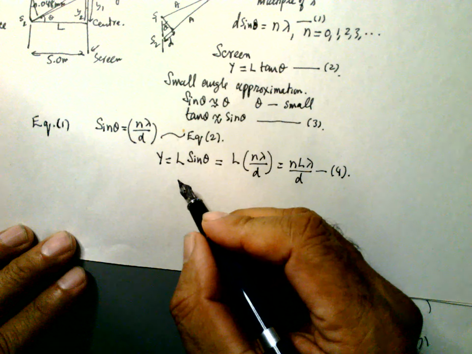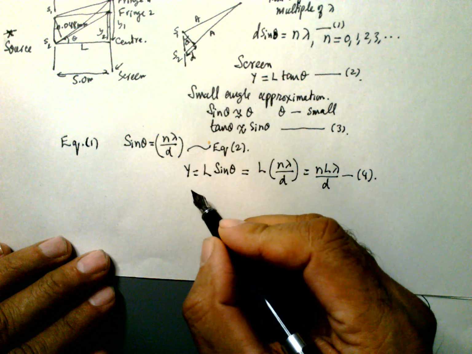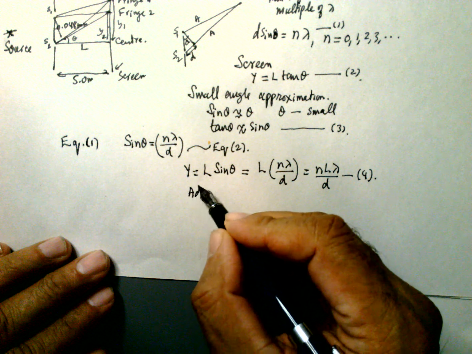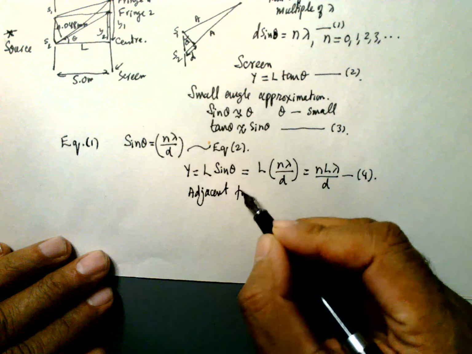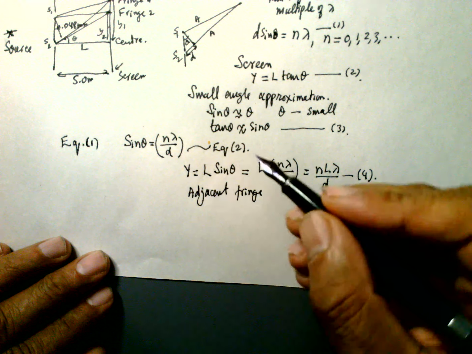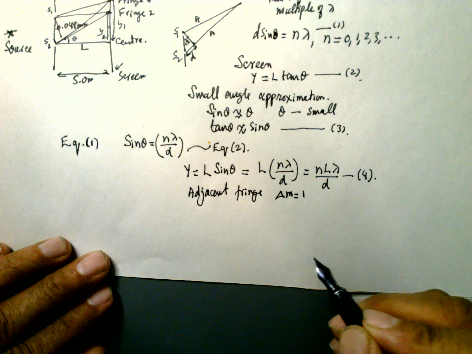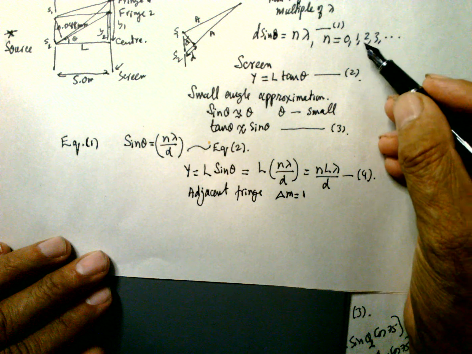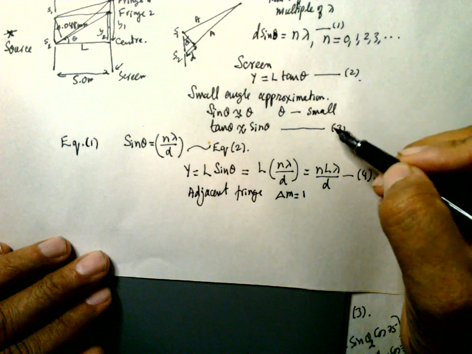For adjacent fringes, the order difference delta m is equal to 1. Say if one is 1, the other one is 0.